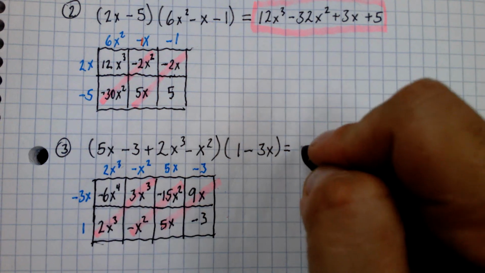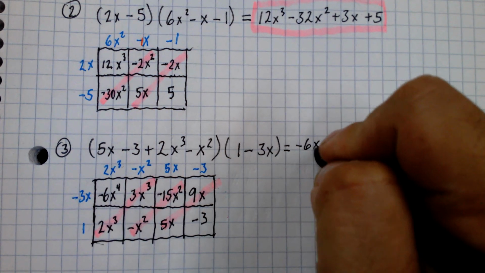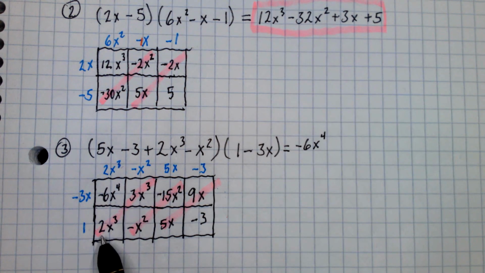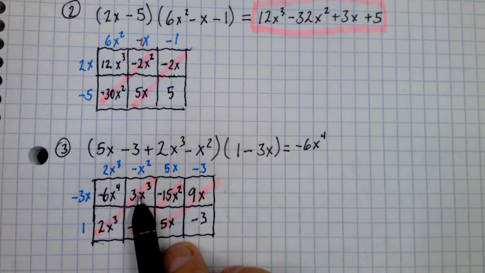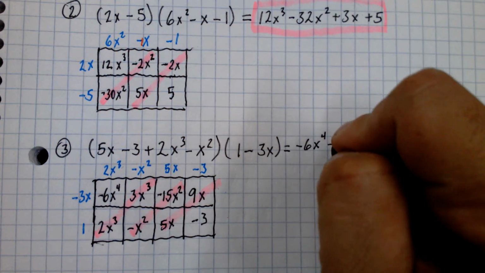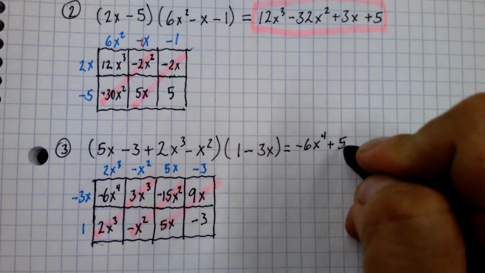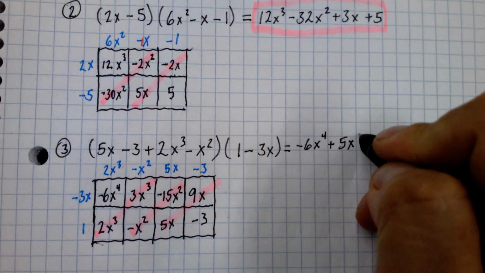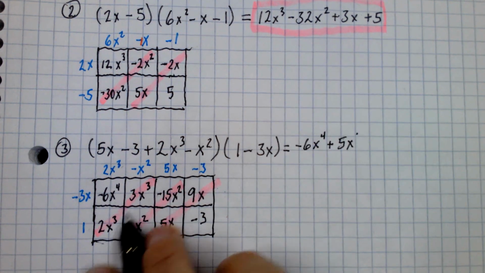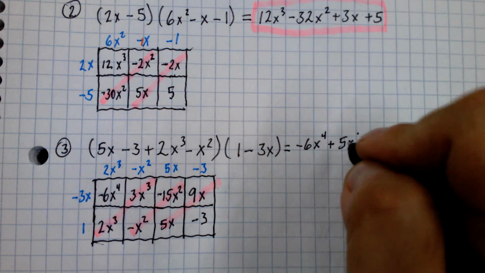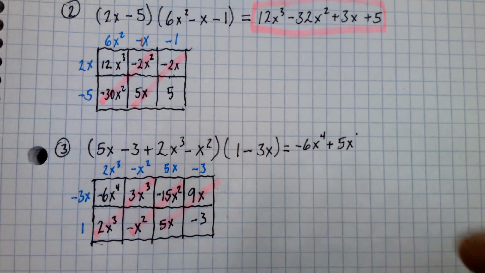Negative 6x to the fourth. Combine 2x cubed with 3x cubed. That's how much? 5x to the third. Remember, those exponents don't change. The only thing that changes are the coefficients.